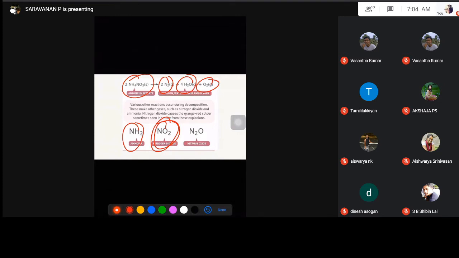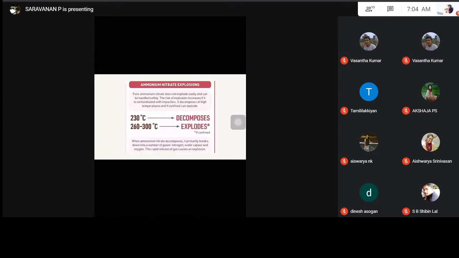The next slide is about decomposition. This is what I want to explain in detail. Pure ammonium nitrate does not explode easily. Note the words does not explode easily, because it only explodes at 260 to 300 degrees Celsius. Only at that temperature will it explode.